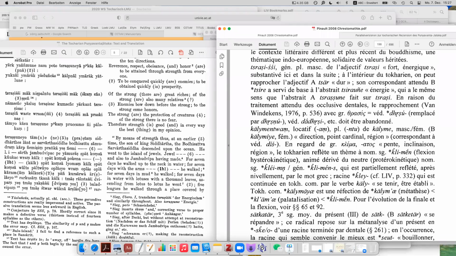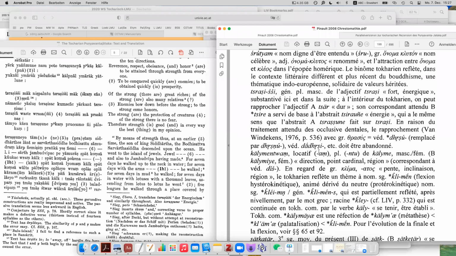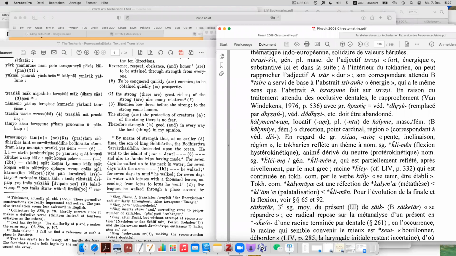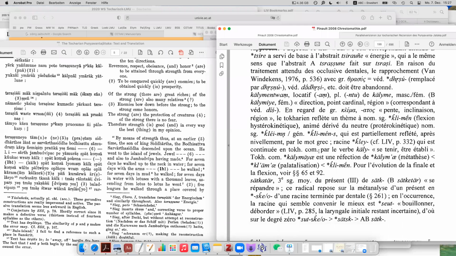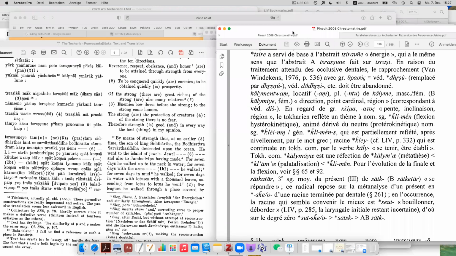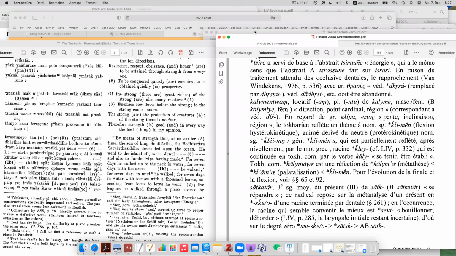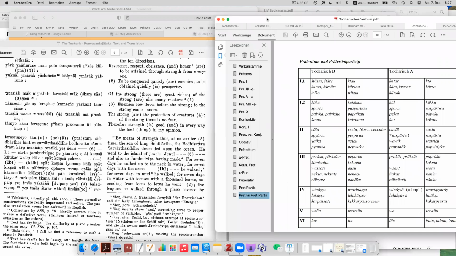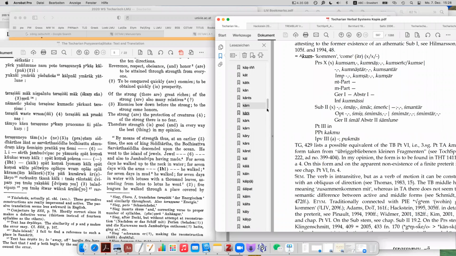You don't really need so much information for the first reading. But we can check it sometimes. Okay, so for num sench, it comes from the root num, and num means bow down.